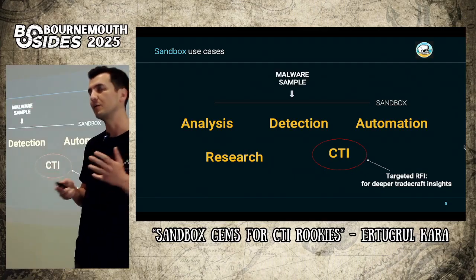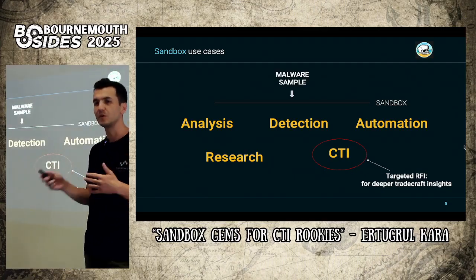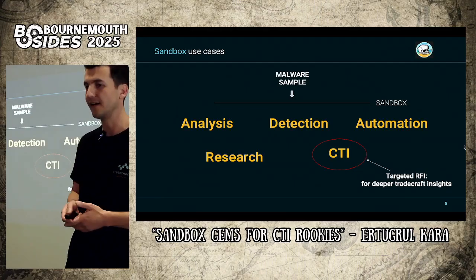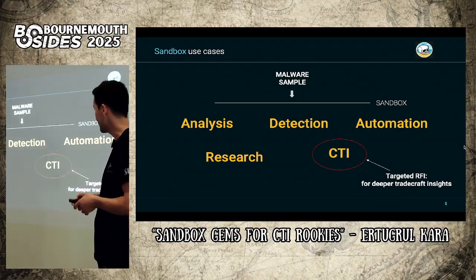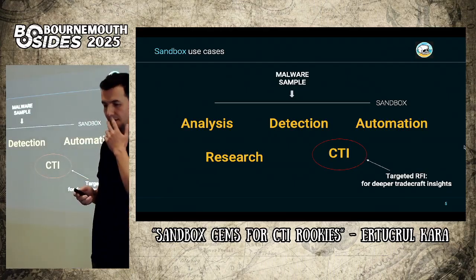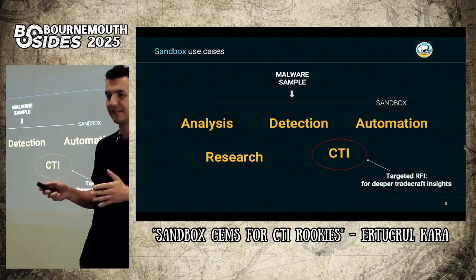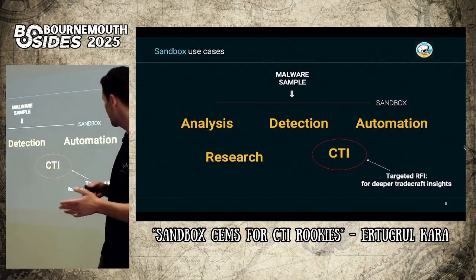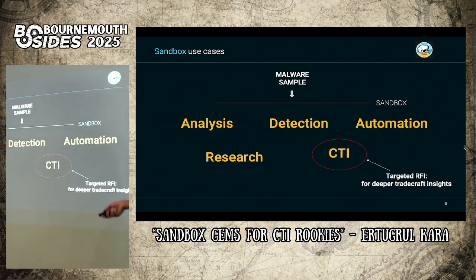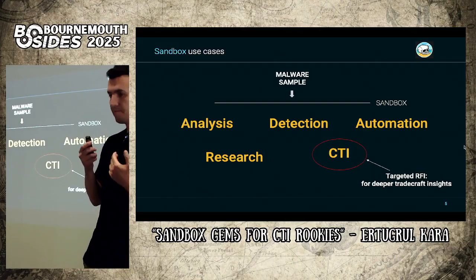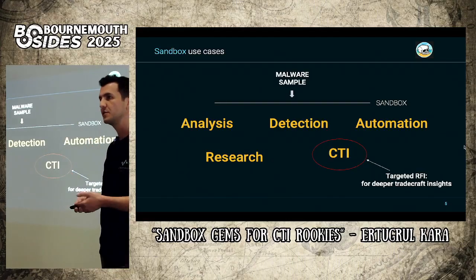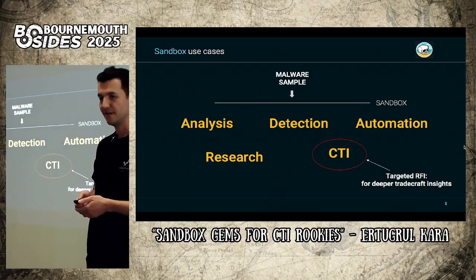That's why I wanted to highlight how you can use Sandbox for CTI people and that mindset. The case here assumes that you have a targeted RFI to gather some insights around specific tradecraft, which will be VIP keylogger.